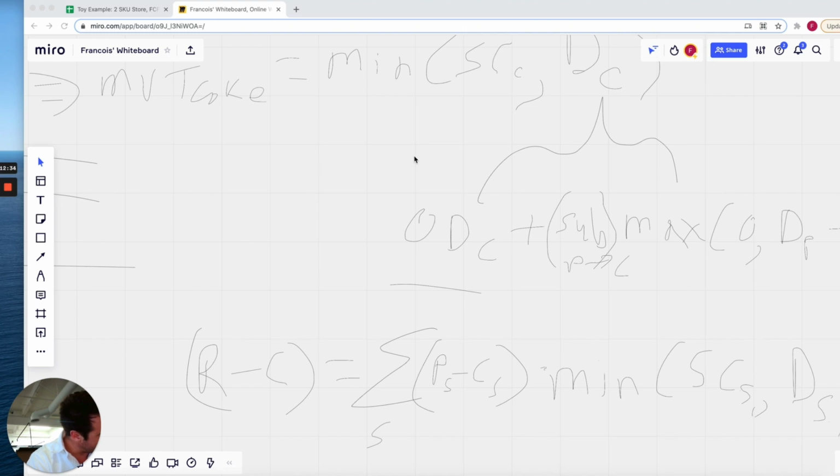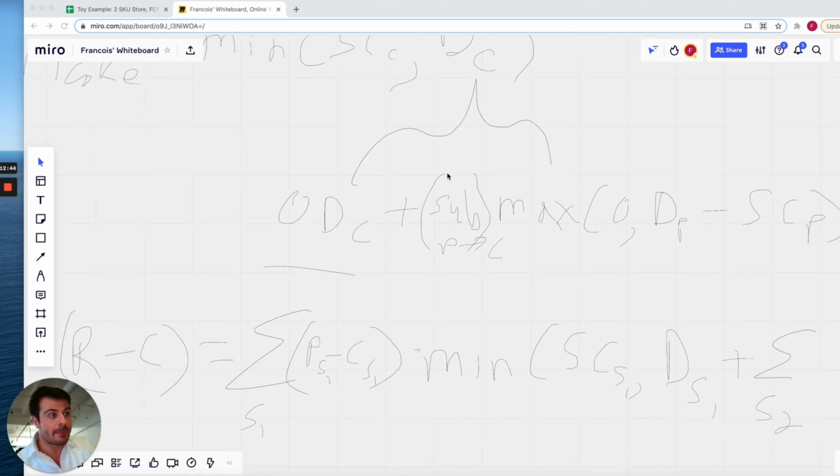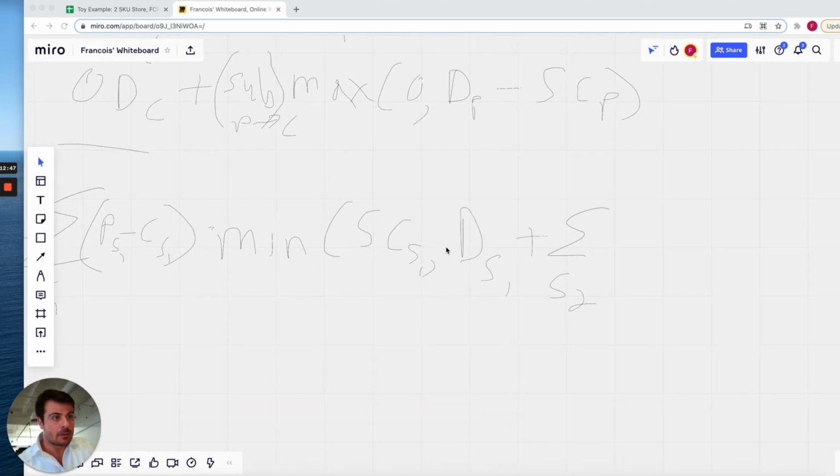We're going to call this 1 just to make it easier, because we're going to have a second SKU, plus the sum over S2 of the substitution rate from S2 to S1, and the max of 0 of demand of S2 minus shelf capacity S2. Okay, so that's term number 1.